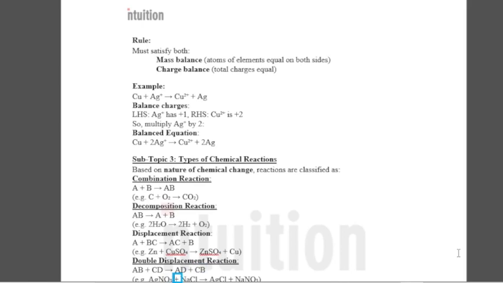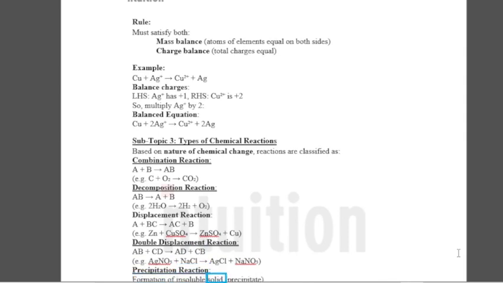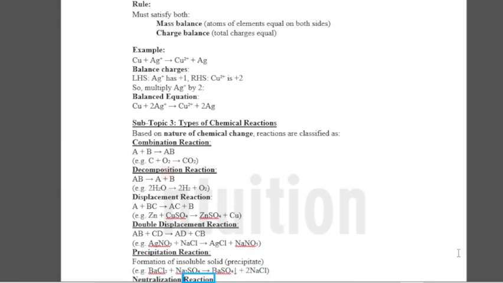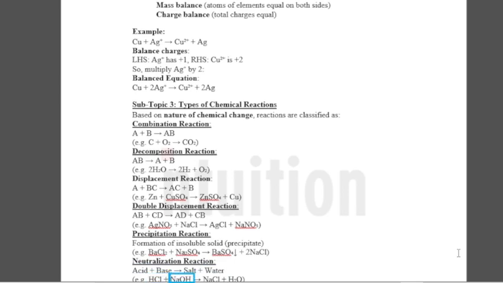AgNO3 plus NaCl gives AgCl plus NaNO3. Precipitation reaction, formation of an insoluble solid, a precipitate, e.g. BaCl2 plus Na2SO4 gives BaSO4 plus 2NaCl. Neutralization reaction, acid plus base gives salt plus water, e.g. HCl plus NaOH gives NaCl plus H2O.